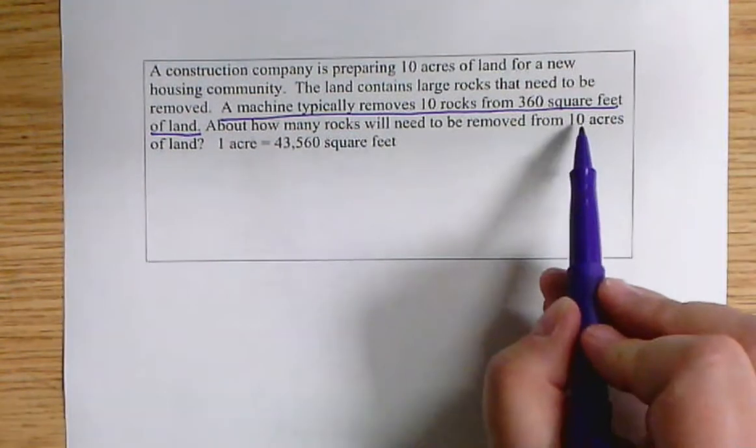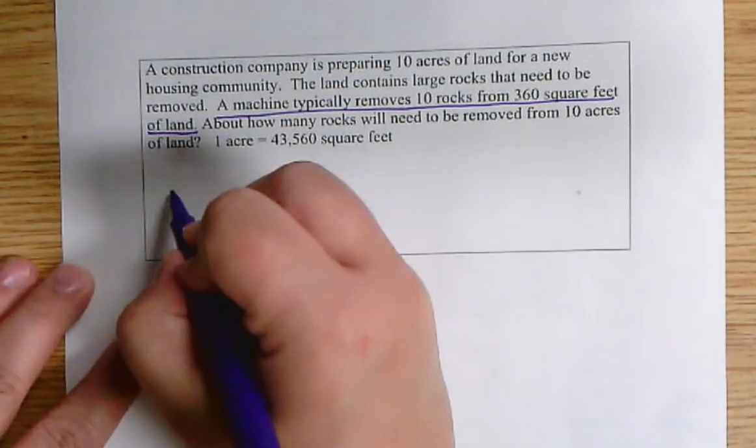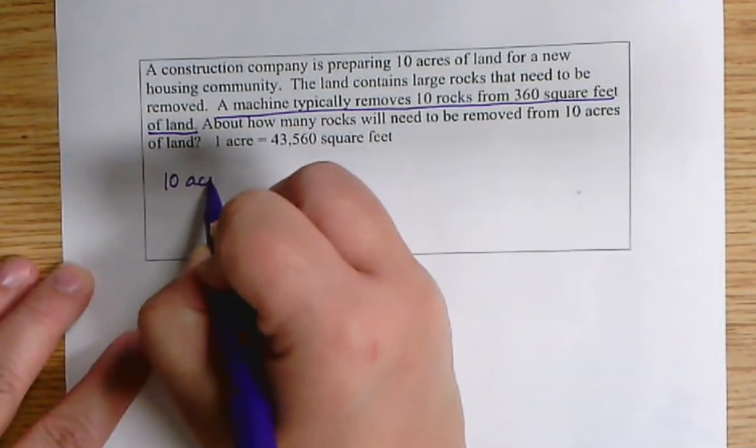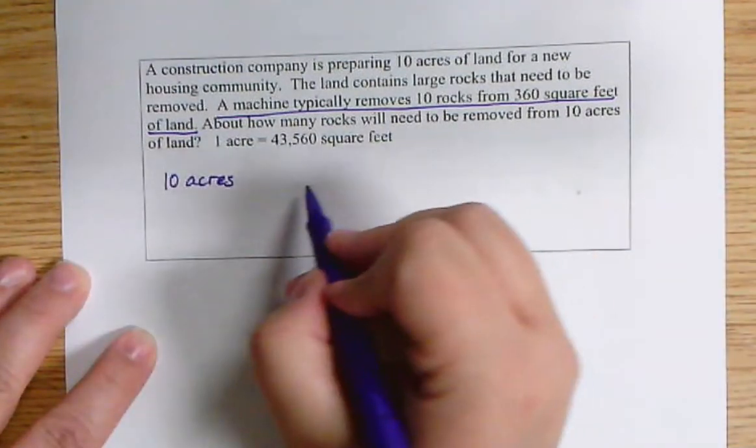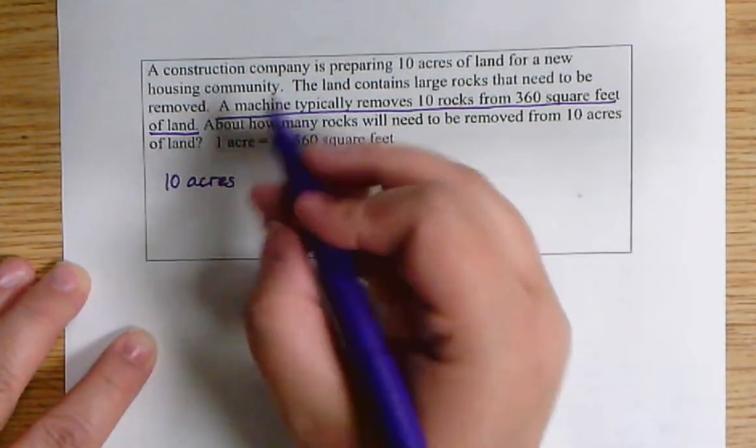All right, we have 10 acres. Okay, so we have 10 acres, and each one is 43,560 square feet.